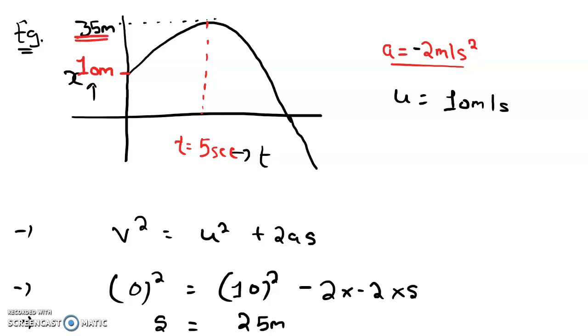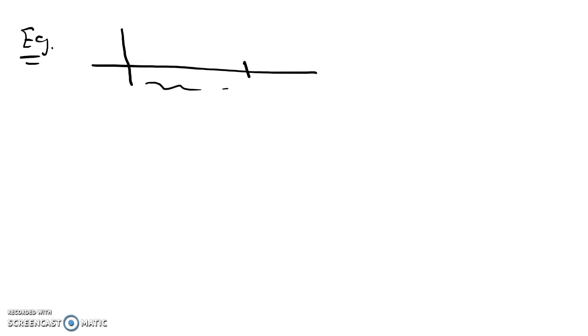Or I can ask you this with a diagram as well, and ask you to plot various curves. Say for example, I give you this data: this is 10 meter, and the body starts from here with a velocity of 10 meter per second, and acceleration is 2 meter per second square.